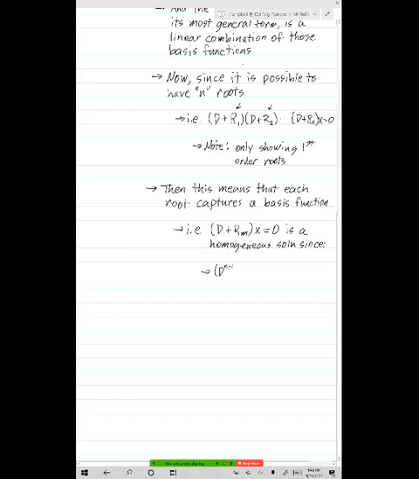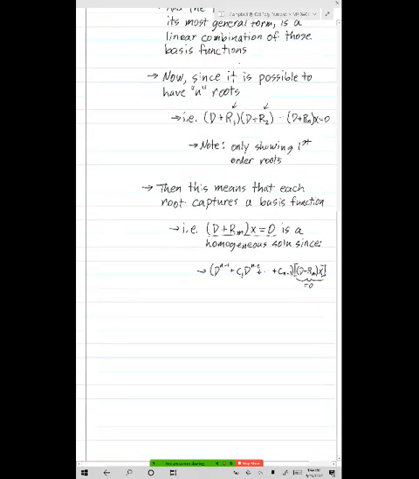d n minus 1 plus c1 d n minus 2. Now notice that I've taken out one of the d's here because I factored it out as we have done before, plus, and then all the way on down to cn minus 1. And then all of that will just be multiplying our d plus rm acting on x, which of course since we know this is true, this will be equal to 0, and I'll just slide this over a little bit.